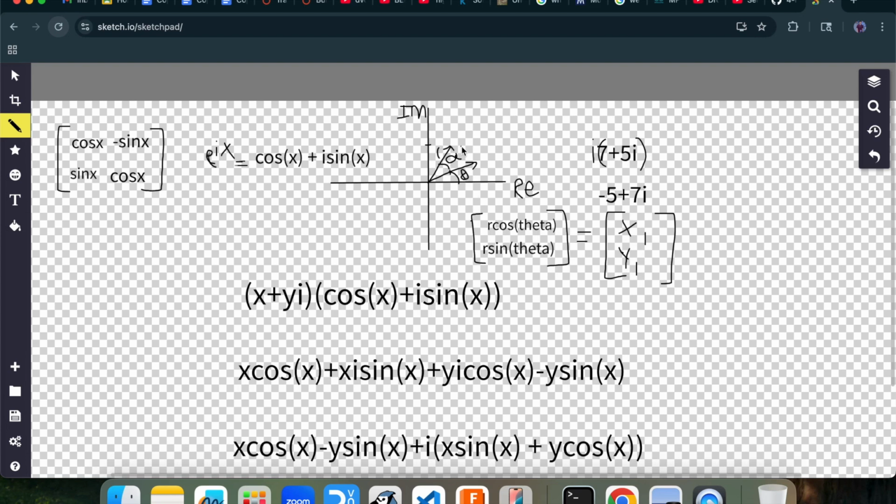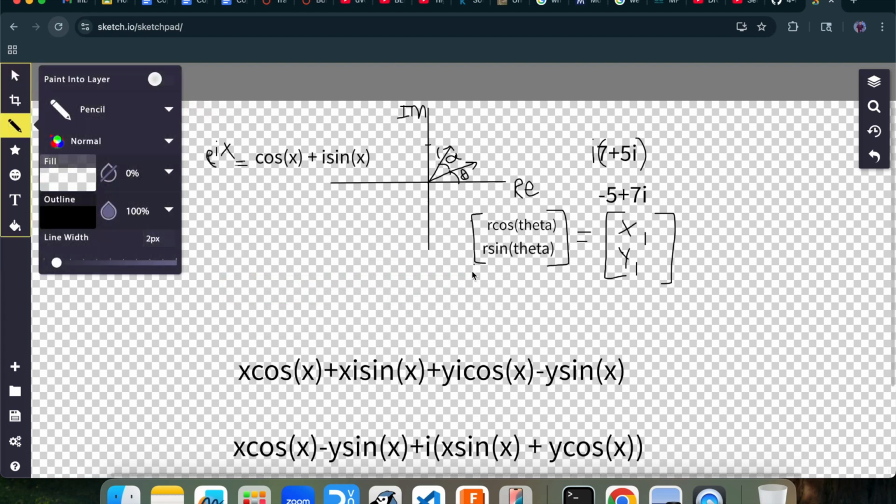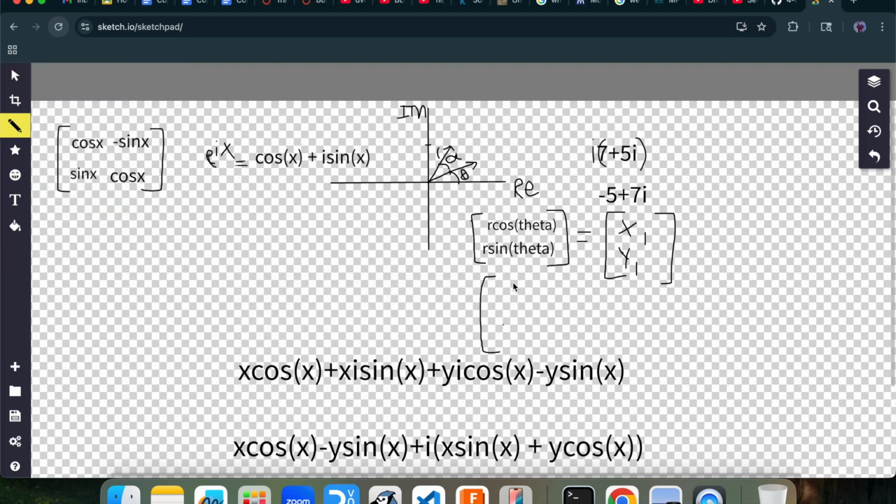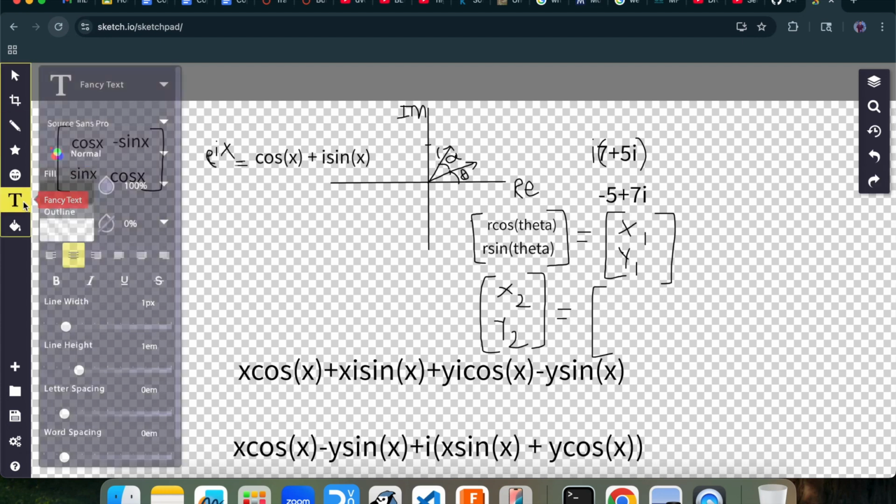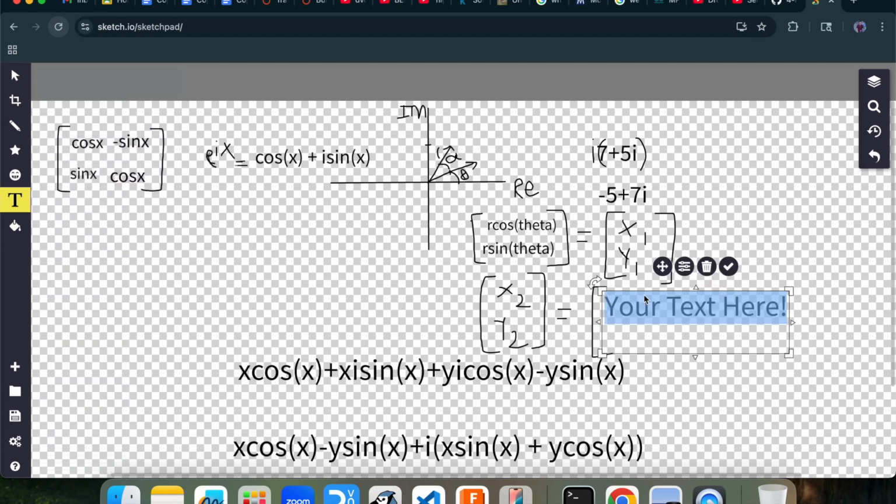And then the other vector, let's say it's x2, y2, would be r cosine of alpha plus theta.